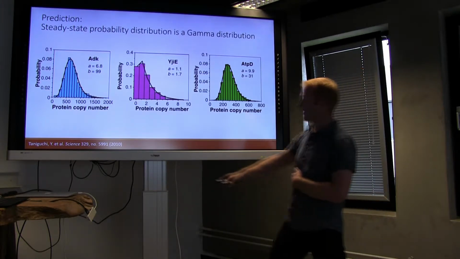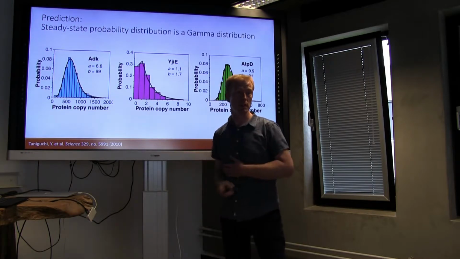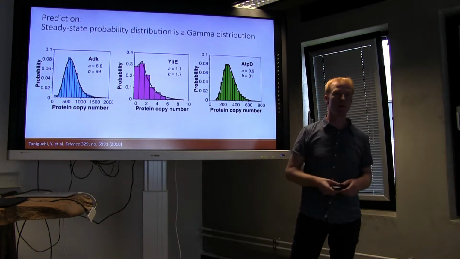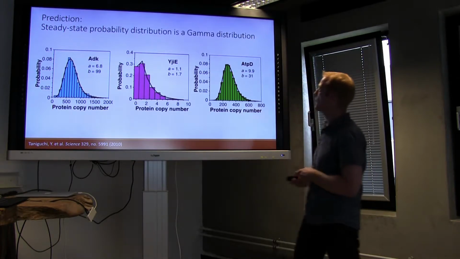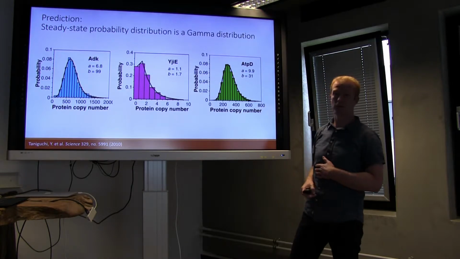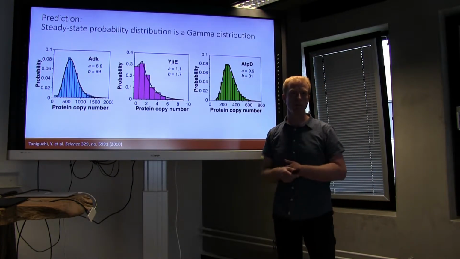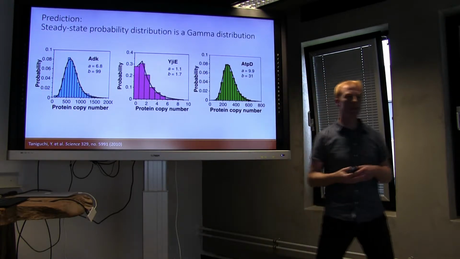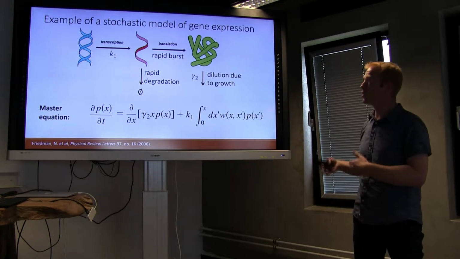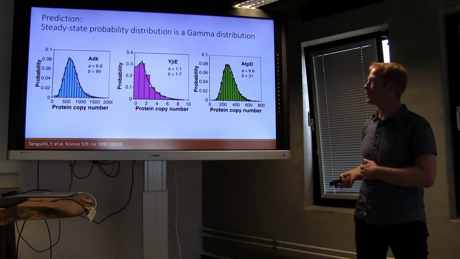So now, a couple of years later, people actually measured these distributions for many different proteins in the cell by labeling them one by one with a fluorescent label. And indeed, many of these distributions, not all of them, certainly not all of them, but most of them, fit the gamma distributions very well. So that gives you an idea that at least this type of model can describe, doesn't prove that it's the correct model, but can describe these type of distributions.